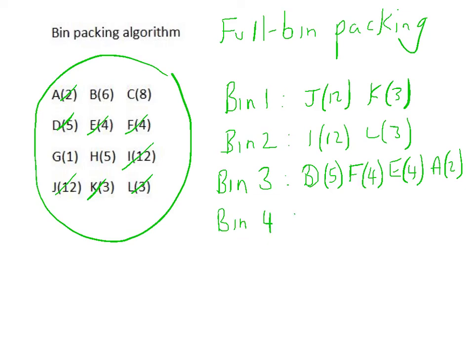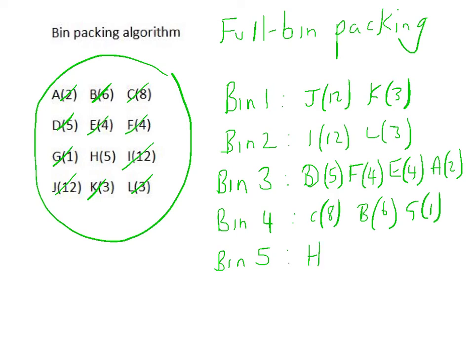Bin 4, looking at the items we've got left, we could choose to put in bin 4 C, B and G. So C is 8, B is 6, G is 1. That gives us a total of 15. And anything that's left over, or ones that we can't find to add up to the correct amount, we will just have to put in a bin of their own.